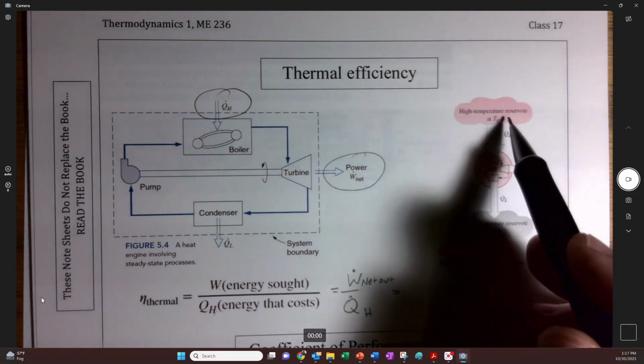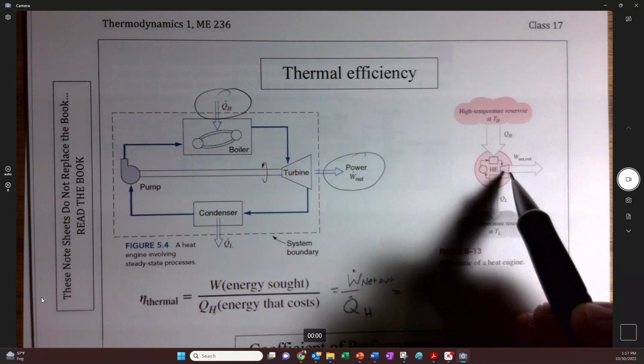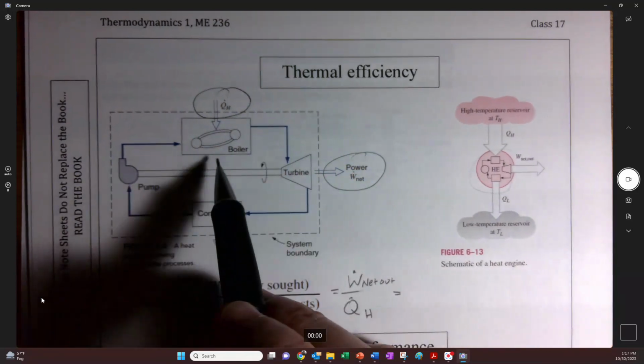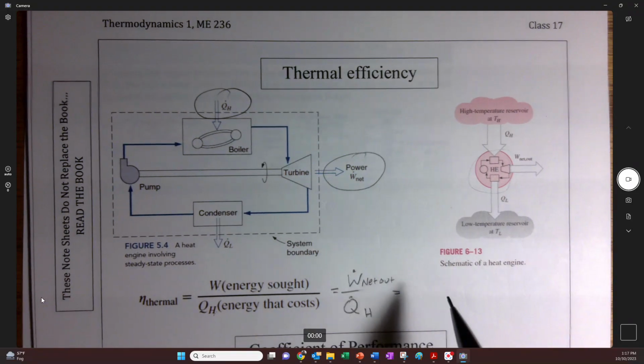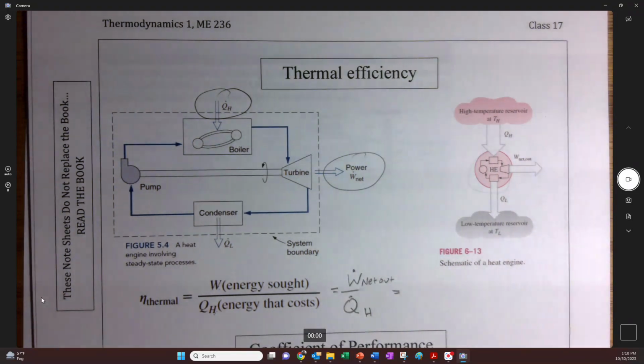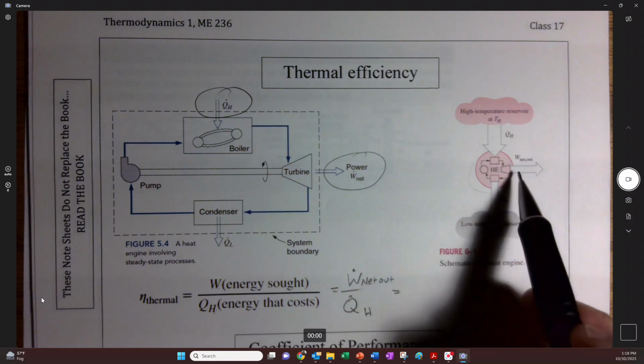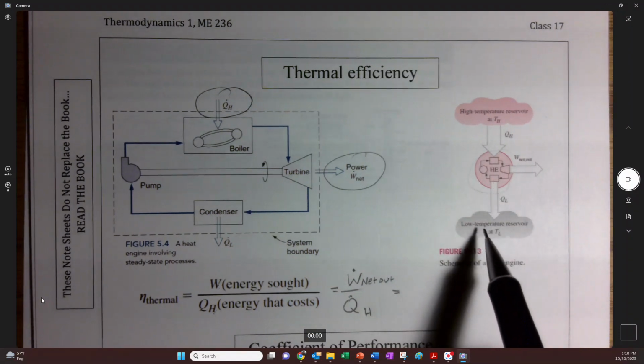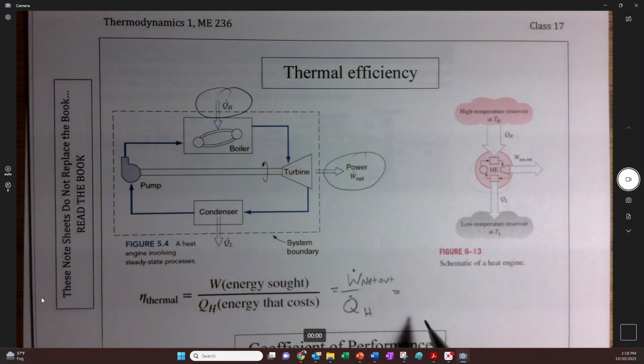So from the high temperature reservoir, and it's going to come into the device, and we're not talking about what's going on inside, but this is an example of a heat engine. And we're extracting this work, and then we're dumping some down into the low reservoir.